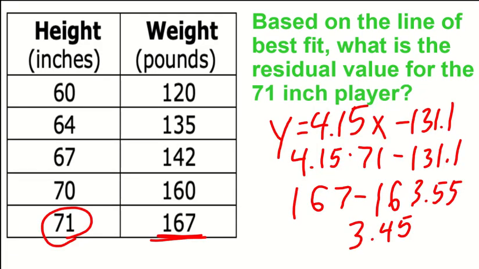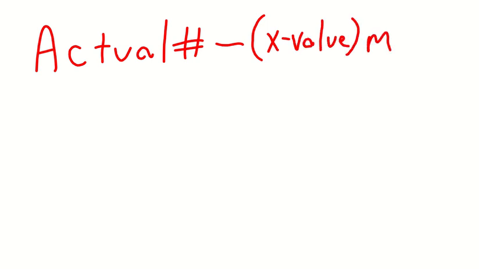So write this down. Just keep it on a board. We're going to do actual number. That's whatever the y value is from the table. Or if they give you an equation, they'll give you one of the y values. Minus, I'm going to put in parentheses just because it's more than one word, x value, m plus b.